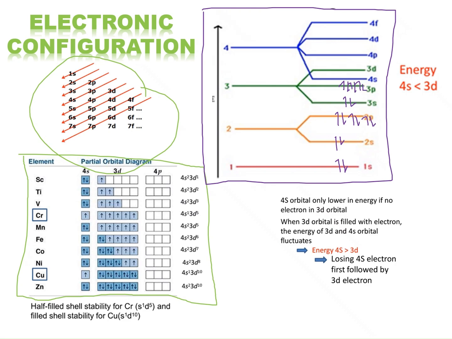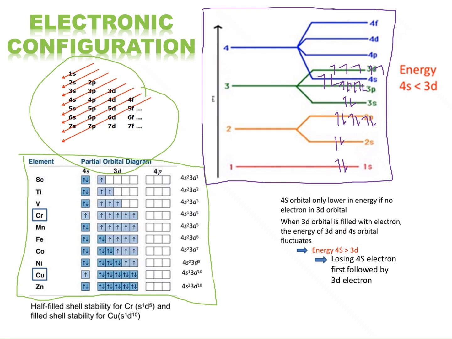After filling up the 3p level, we don't actually go to 3d, so we go to 4s. So 4s is lower in energy compared to 3d, and only then do we fill up the 3d orbital.